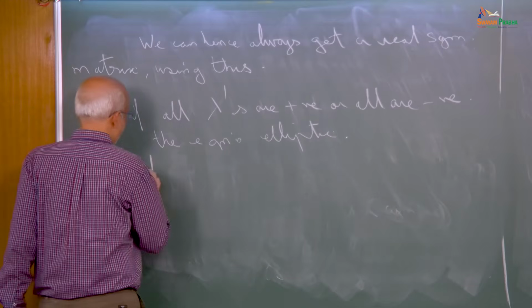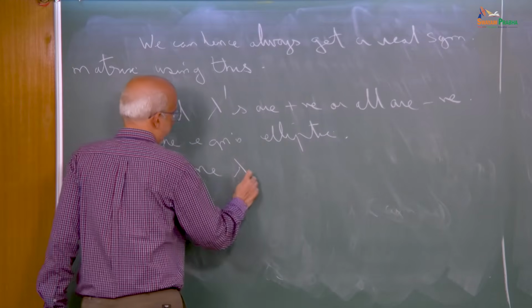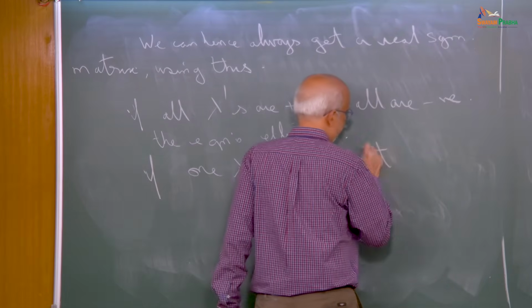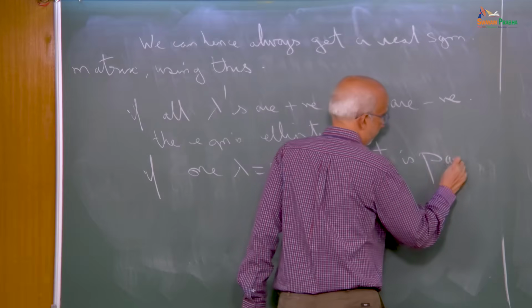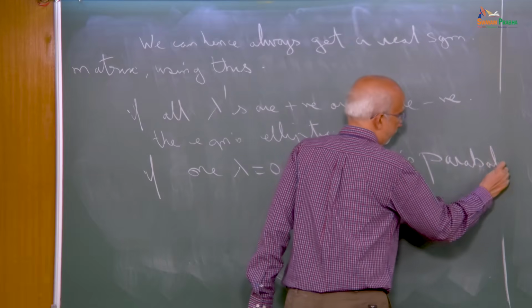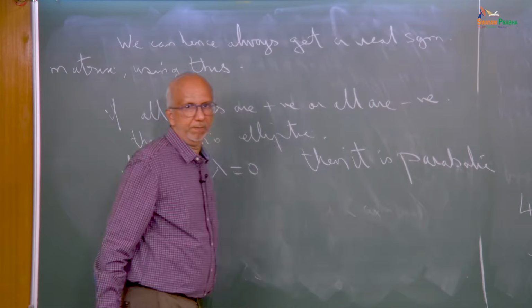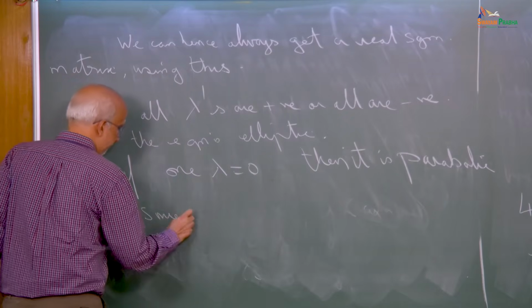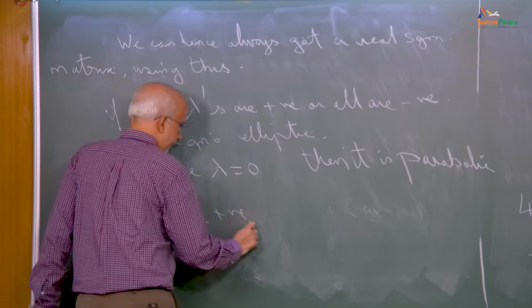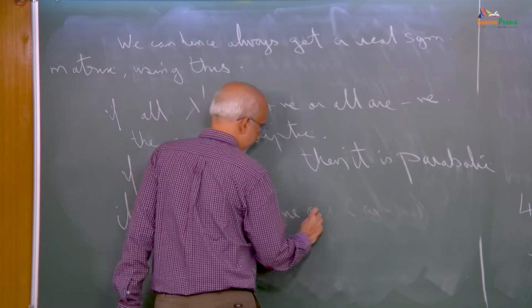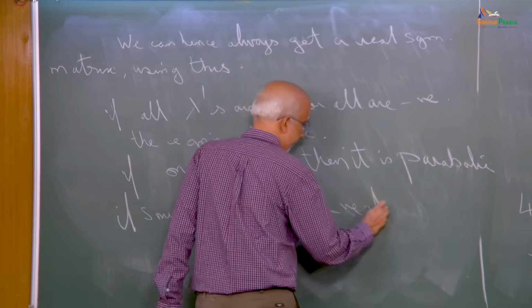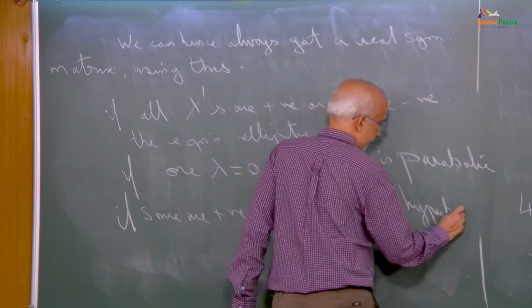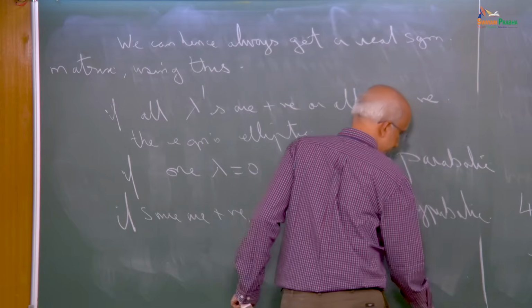If one lambda equals 0, then it is parabolic. If some are positive and some are negative, it is hyperbolic.